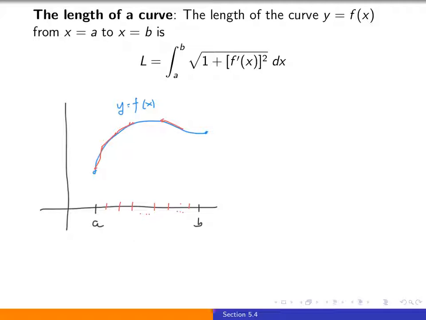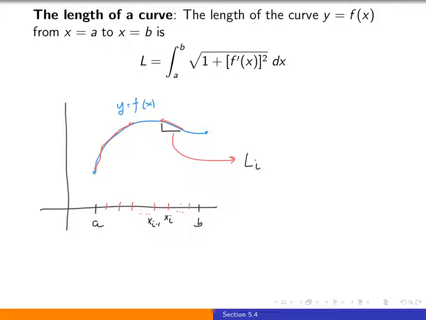And if we think about approximating the length of this small little segment, we might call this the length of sub i. So this would be corresponding to x sub i minus 1 to x sub i. And the length, we would say, well, we might think of there as being a small little triangle here.